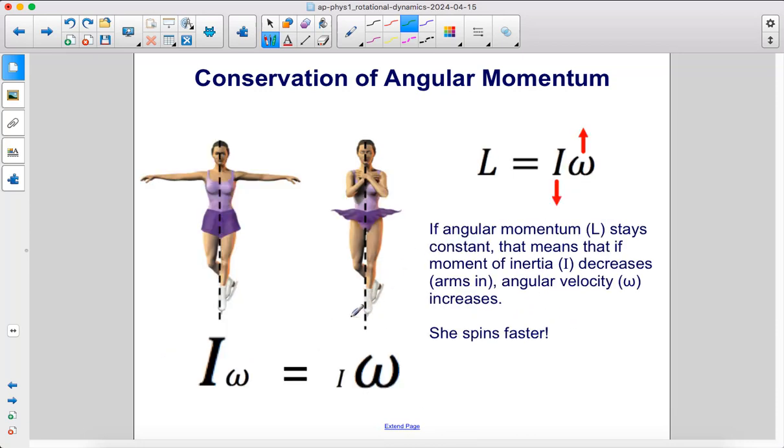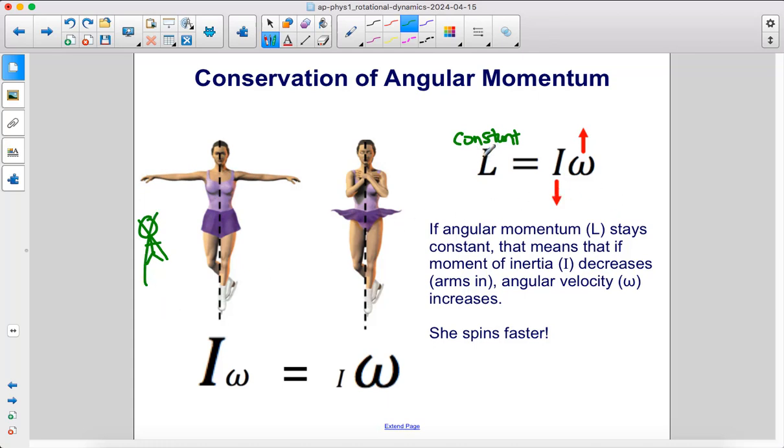If we assume that the ice is frictionless and therefore is not applying any sort of external torque, angular momentum is conserved. Nothing's going to change it. So if L stays constant, because there's nobody else around pushing on her to change her speed, there are no external forces.